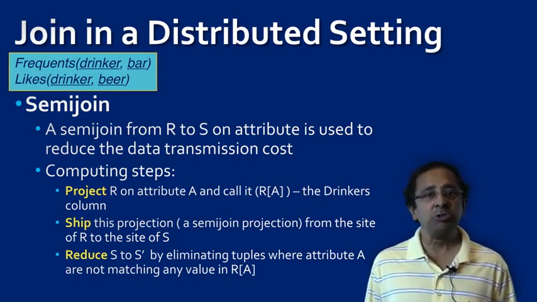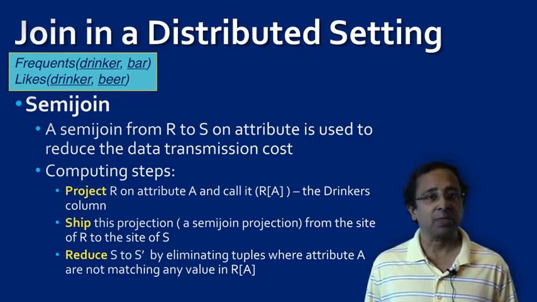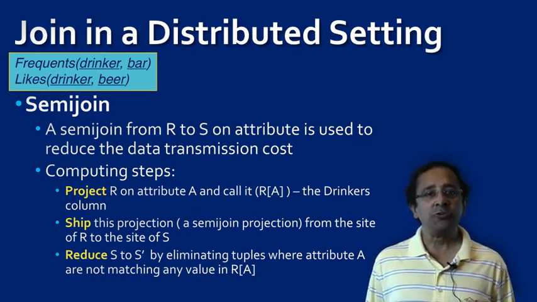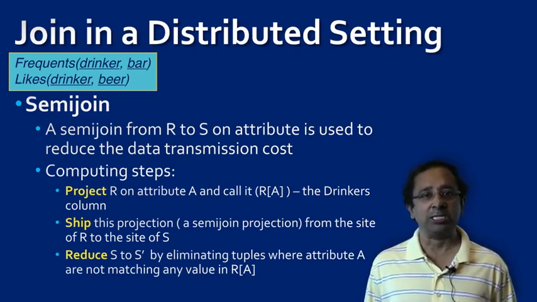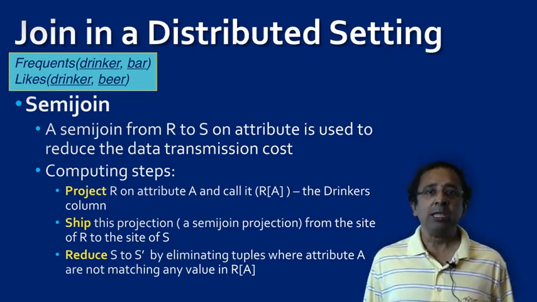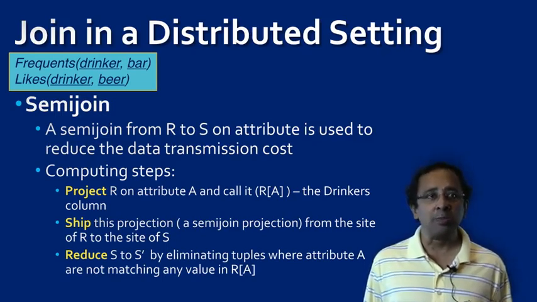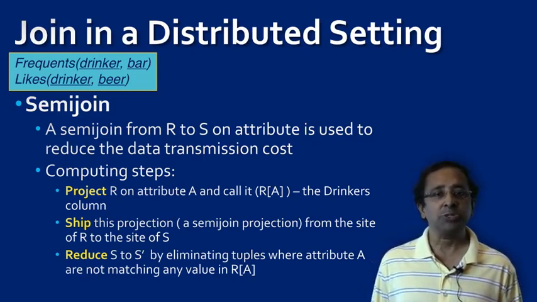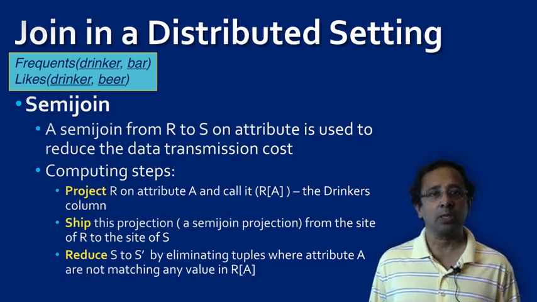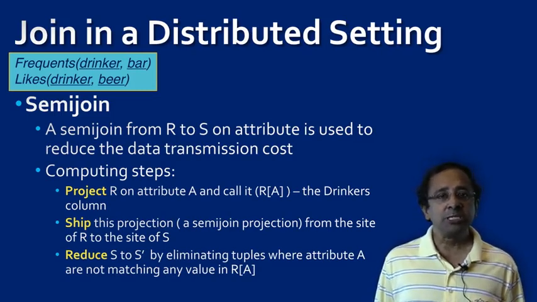The cost is reduced if we ship less data. The way to do it is to first find which data the join operation actually needs. Clearly, it needs only the drinkers column and not the bars column. So the drinkers column is projected out. Then, just this column is transmitted to the second machine.